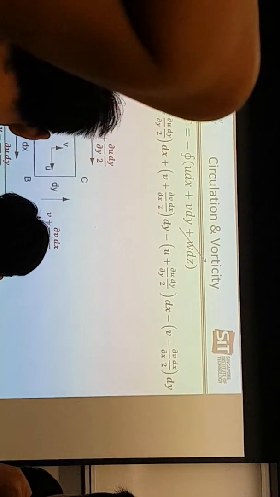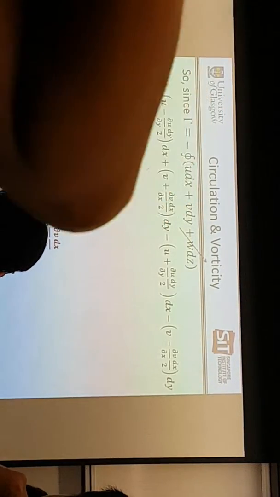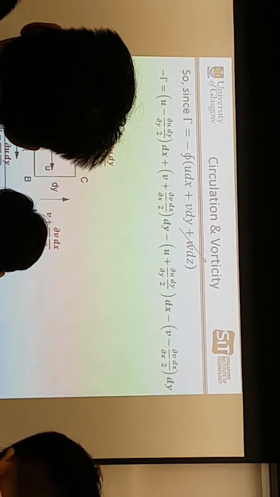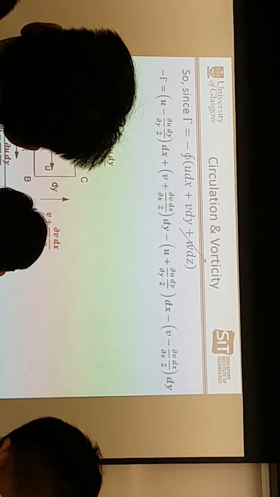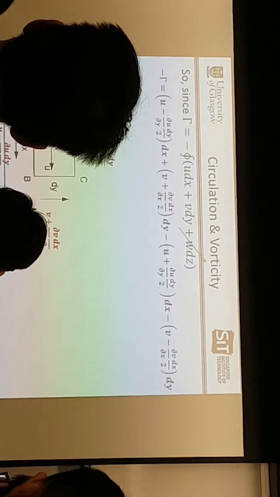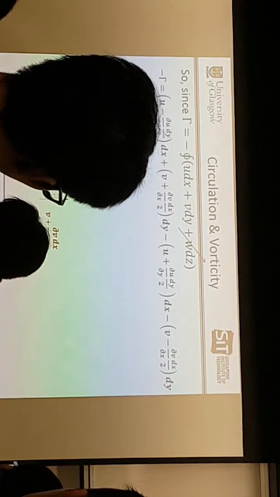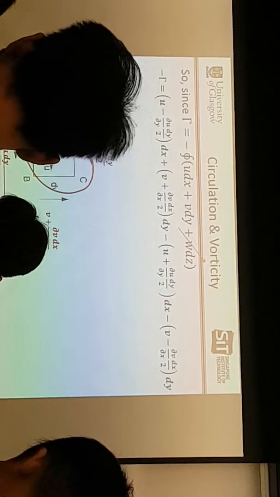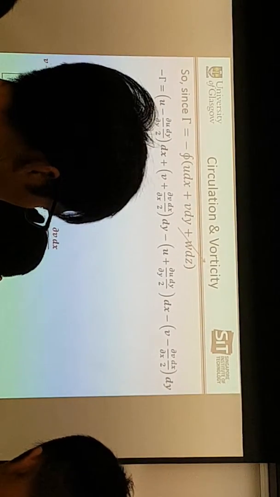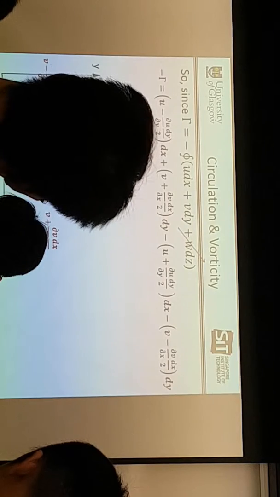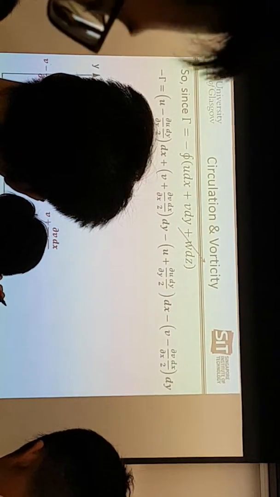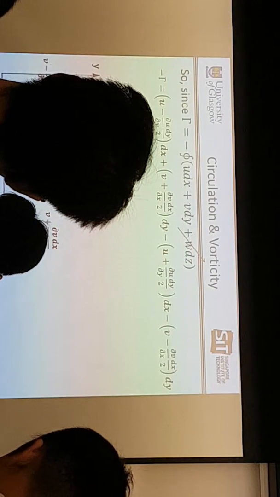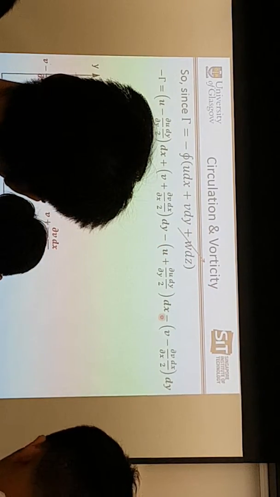This is pointing left to right, but when I go anti-clockwise, it becomes right to left, so this is a negative sign. Similar for this when I go down here, my circulation is in this direction, so you have a negative sign here.